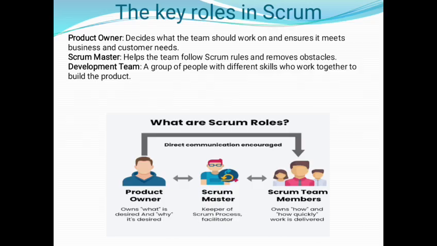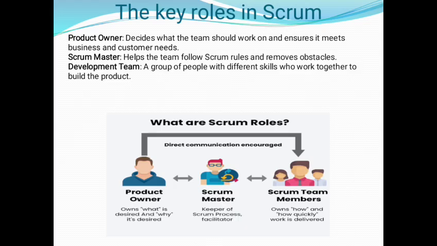Next, what are the members of a Scrum team, or the key roles of Scrum? A Scrum team is a small team dedicated to delivering committed product increments. Most Scrum teams need three roles: the product owner, the Scrum master, and the development team.